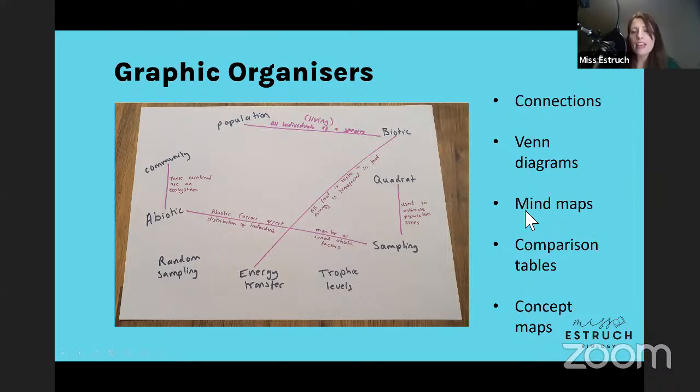Mind maps are good, but I actually prefer concept maps. Concept maps are a bit like these connection diagrams. And I've actually recently made a YouTube video on how to make a concept map. So have a look at that one to find out exactly how to make concept maps.